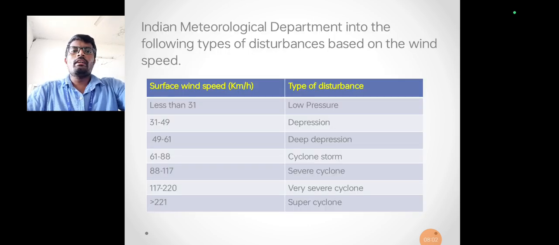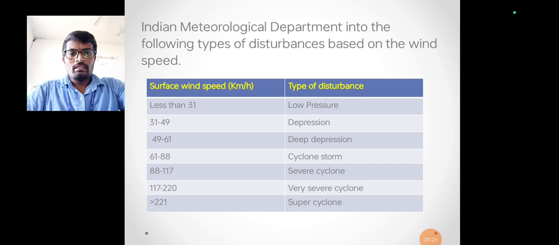Based upon the Indian Meteorological Department, the cyclones are classified based on the wind speed. If the wind speed is less than 31 km per hour, that region is called a low pressure region. If the wind speed lies between 31 to 49, the type of disturbance is depression.